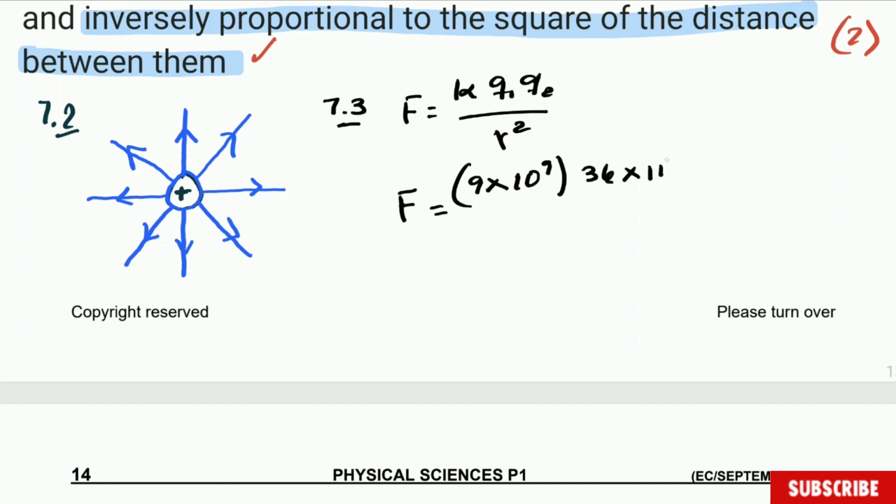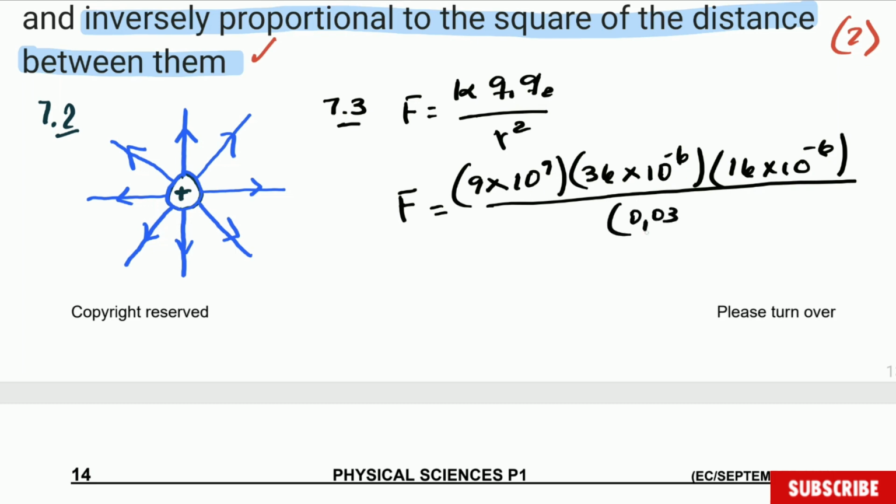It will be incorrect if you do that. This is 36 times 10 to the minus 6, the magnitude, and the next one is 16 times 10 to the minus 6. So you don't substitute the positive and the negative signs of the charges. The distance is 0,03 squared, and remember this one must be in meters. If it's given to you in millimeters or something like that, you will have to convert.